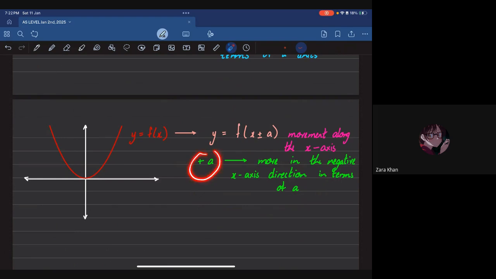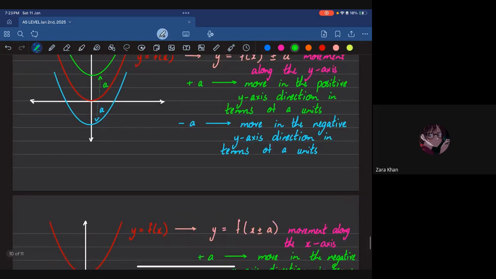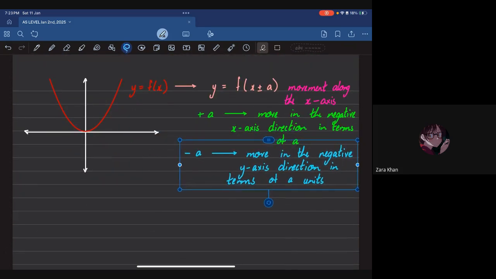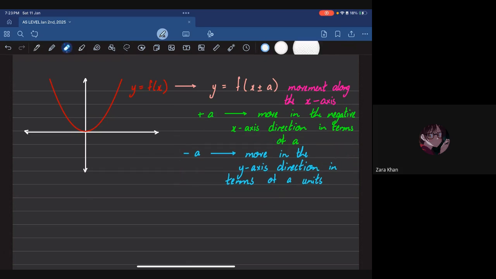So if something's adding to x inside the bracket, you're going to have movement in the negative x direction. And if it's subtracting, I can just copy this down. Whenever it's subtracting, you move in the positive x-axis direction in terms of a units.